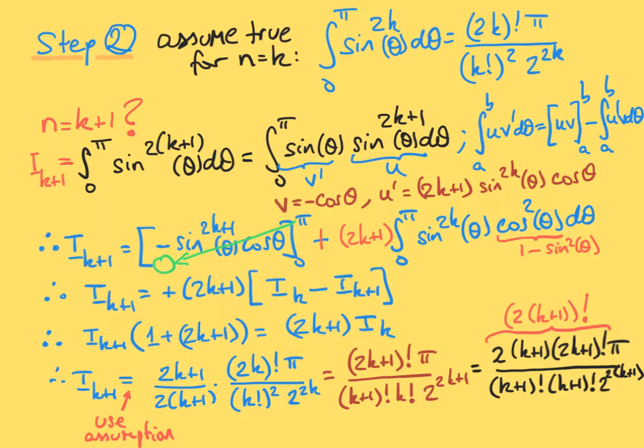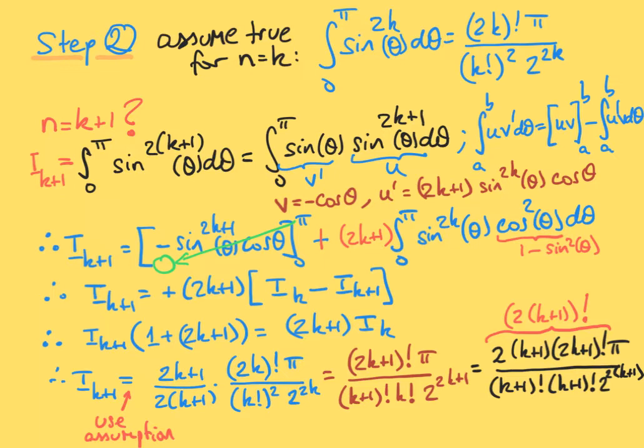We know what that is. And then we have minus, and then it's sine to the 2k times sine squared. So that is sine to the 2, open brackets, k plus 1. And that's exactly this. So this is the integral that we are trying to calculate.